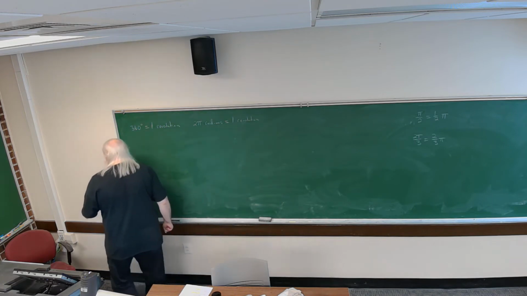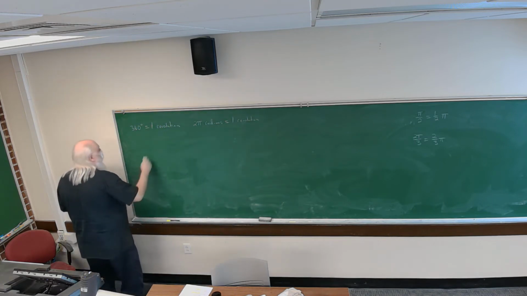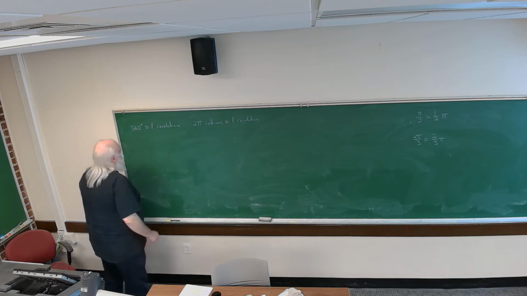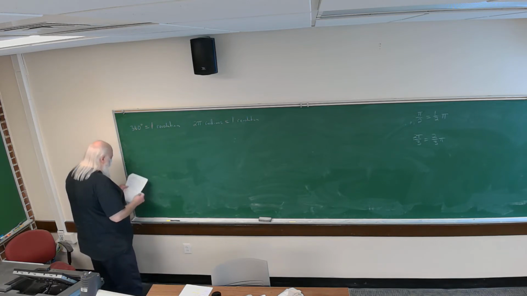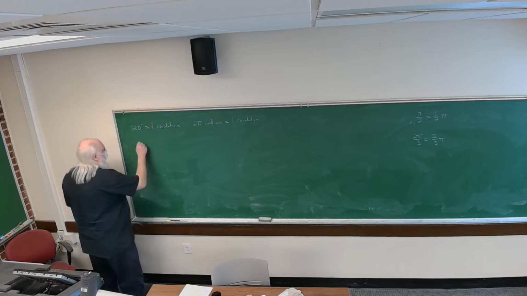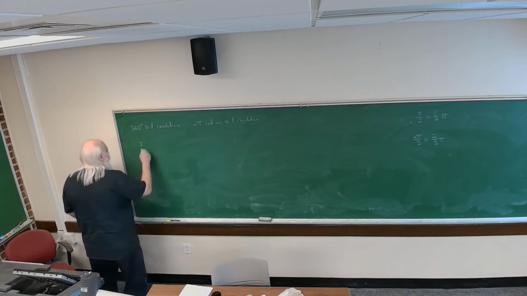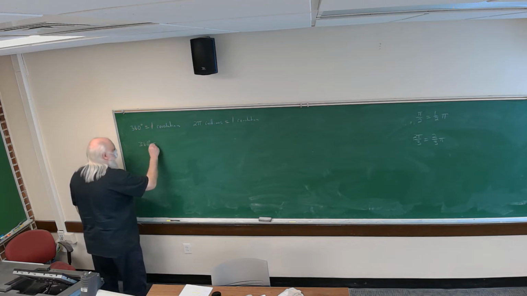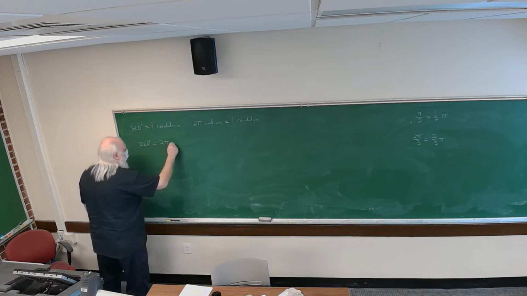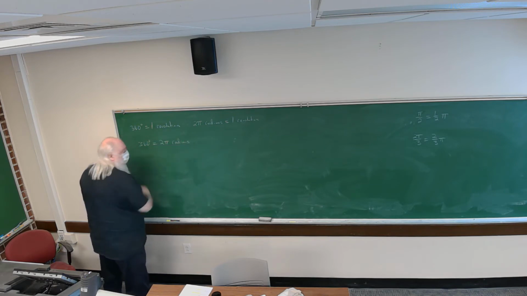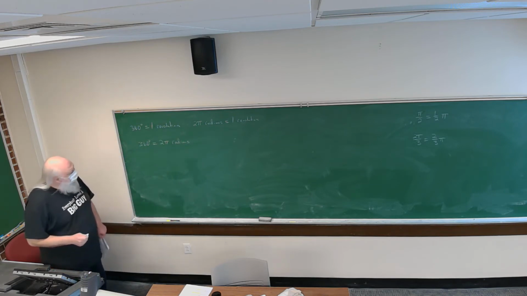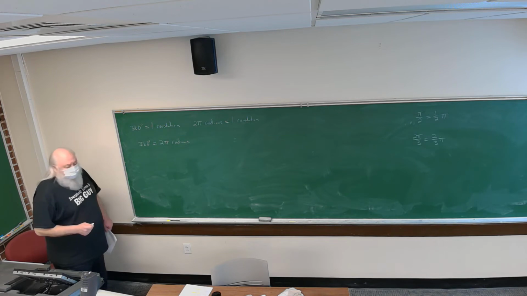So since 360 degrees is equal to 1 revolution and 2 pi radians is equal to 1 revolution, it immediately follows that 360 degrees is equal to 2 pi radians. Those are the same angles, okay? Just different measurements, okay?